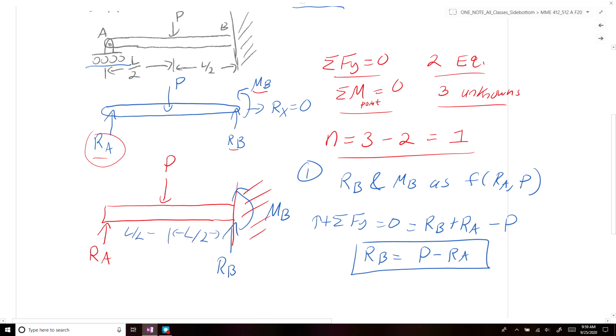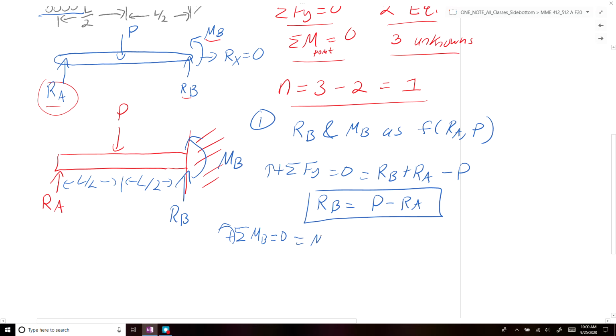Then if we do the same thing and sum the moments about point B and set it equal to 0, we get the couple moment at B plus the applied force P times L over 2 minus the reaction force RA times L. If we rearrange that, MB should be equal to RA L minus P L over 2.